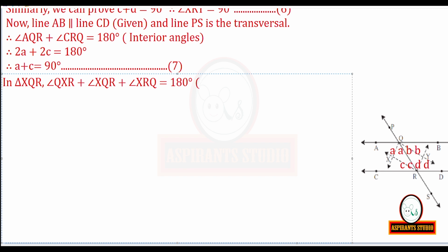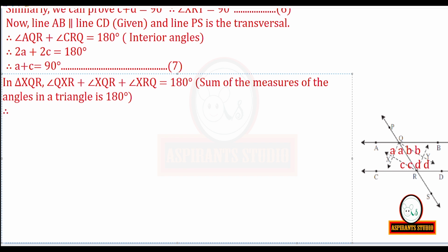So we are taking triangle XQR. In triangle XQR, sum of the measures of the angles in the triangle is 180 degrees. Therefore, measure of angle QXR plus measure of angle XQR plus measure of angle XRQ is equal to 180 degrees. Now, from 1 and 3, look at equations 1 and 3.